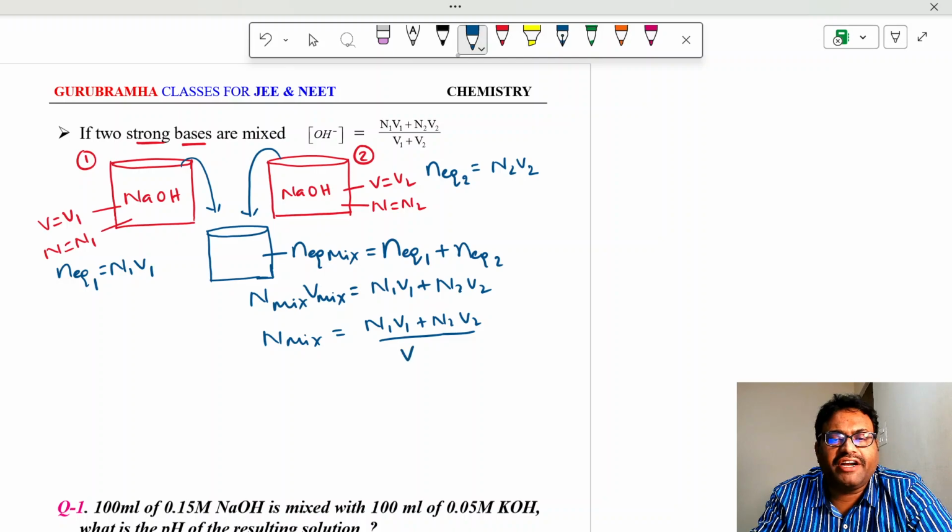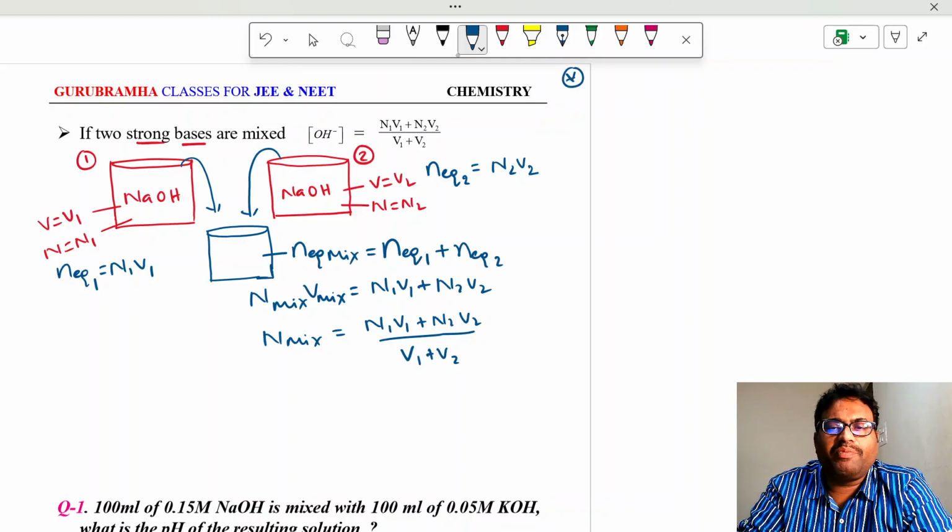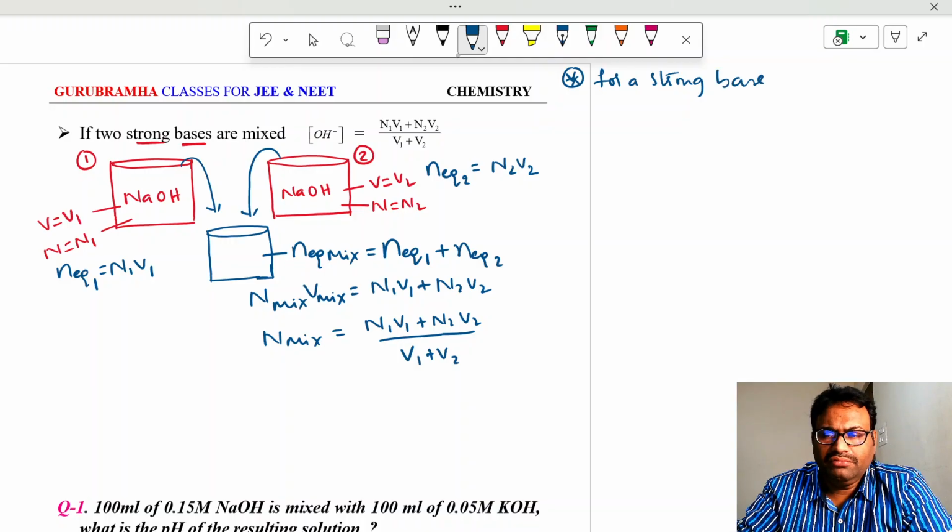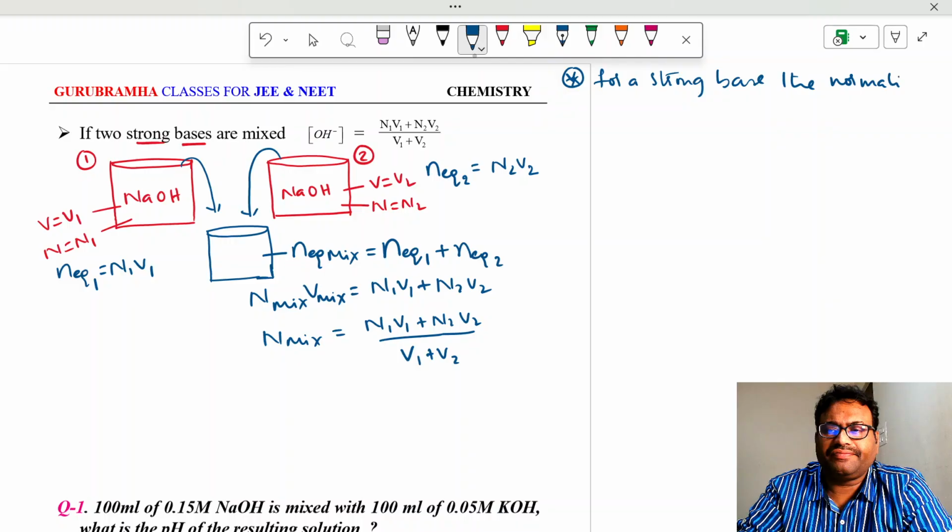That means you write V1 plus V2. Already we have studied that for a strong base, the normality of the base is equal to OH minus.